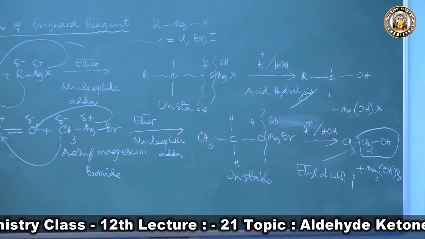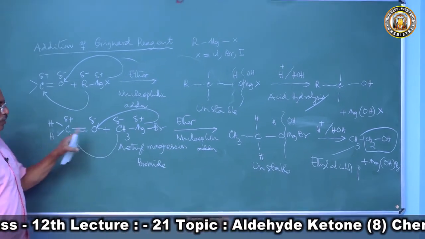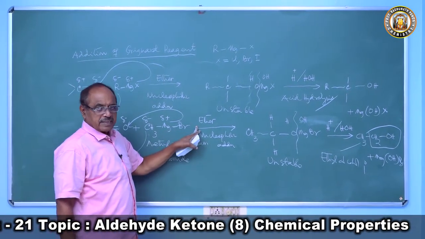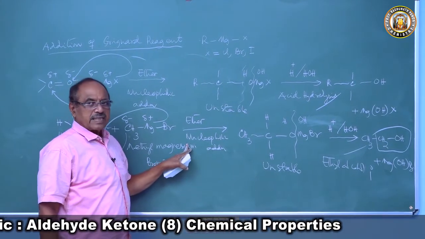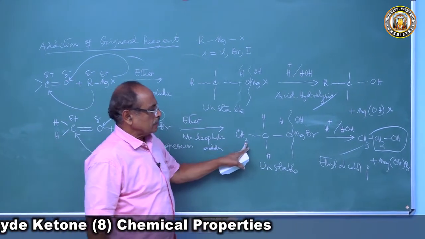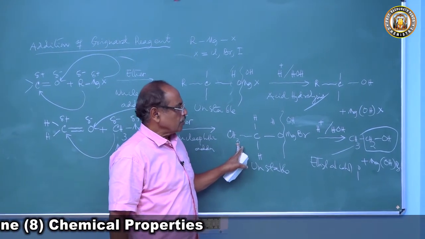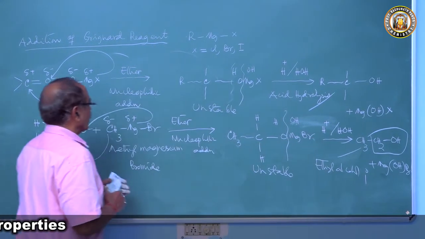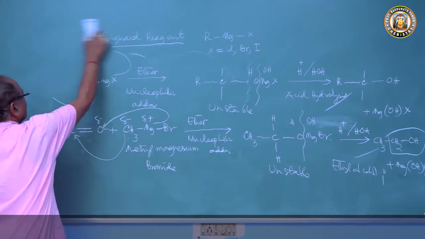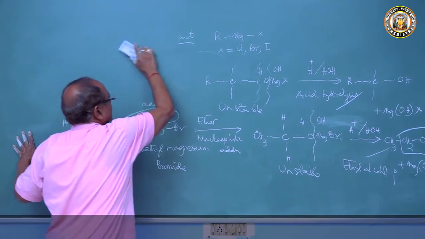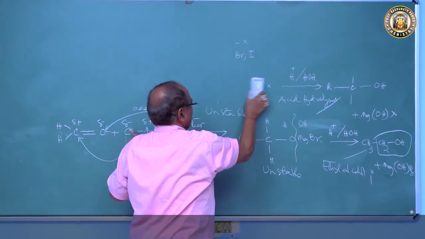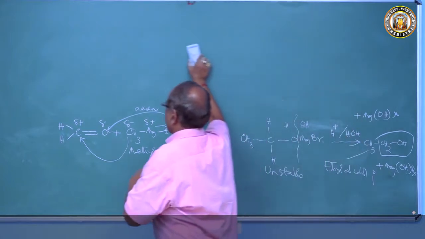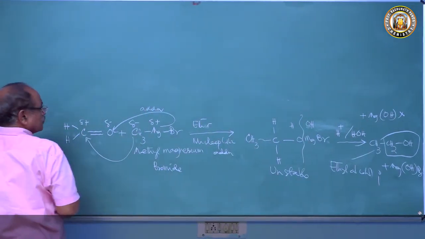So when formaldehyde is treated with methyl magnesium bromide in presence of dry ether, it undergoes nucleophilic addition reaction to form an unstable adduct, which upon hydrolysis by an acid produces ethyl alcohol. Now we'll come to how acetaldehyde and acetone react with methyl magnesium bromide to form a secondary alcohol and a tertiary alcohol.